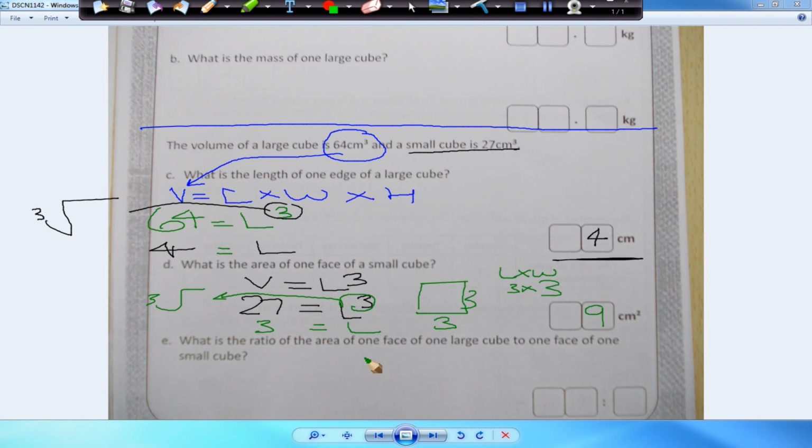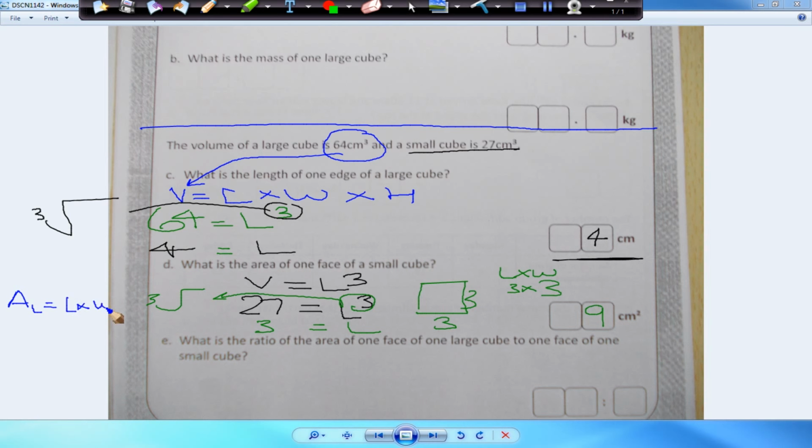Okay. Let's have question E now. What is the ratio of the area of one face of the large cube to one face of the small cube? First of all, we haven't worked out the area of the large one yet. Let's work it out first. Let's change color. So the area of the large cube is equal to the length times by the width.